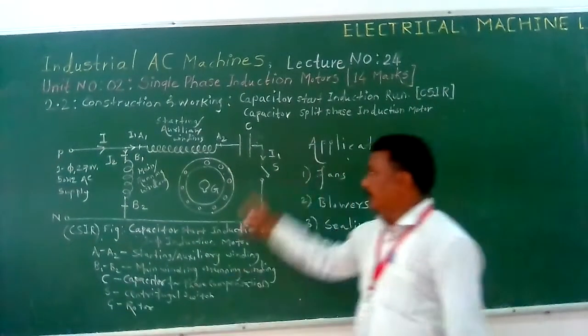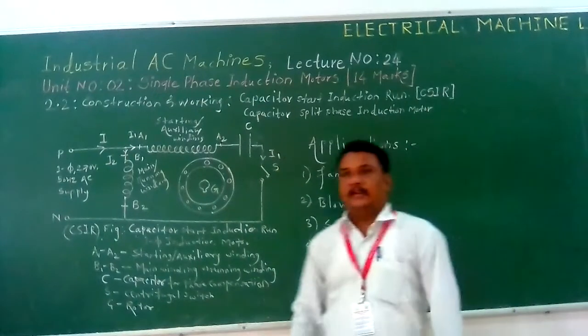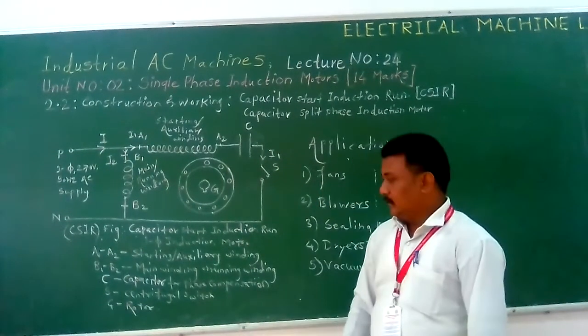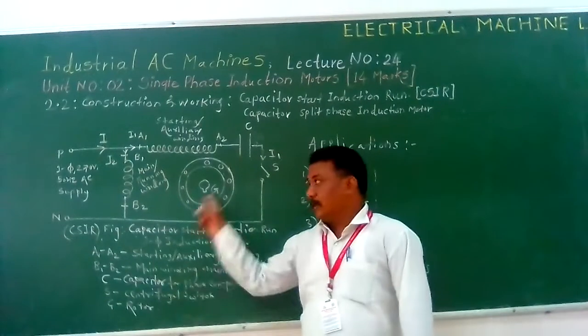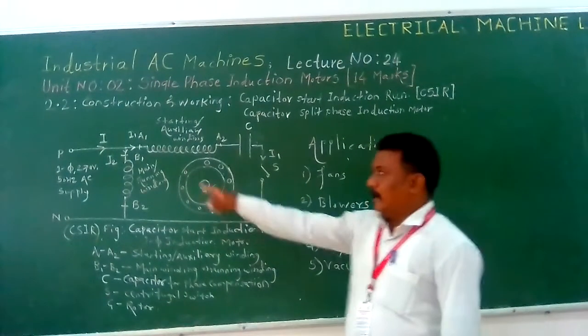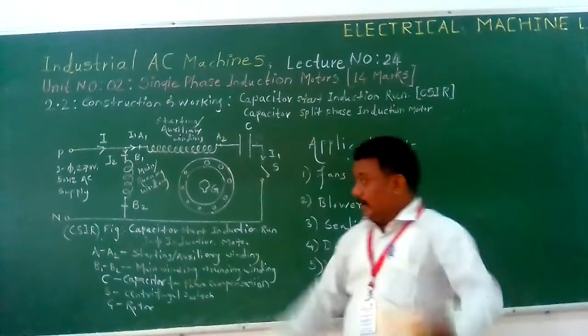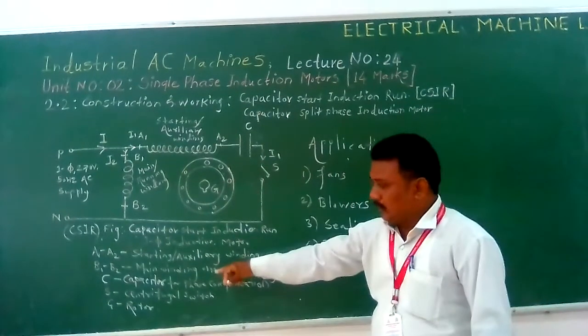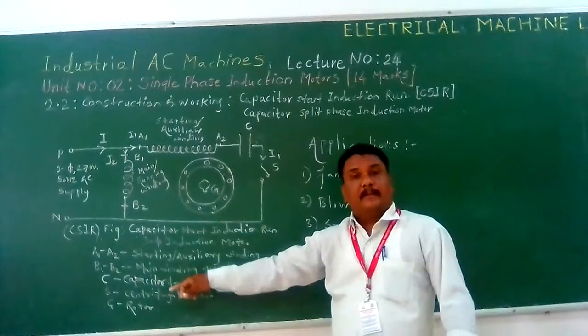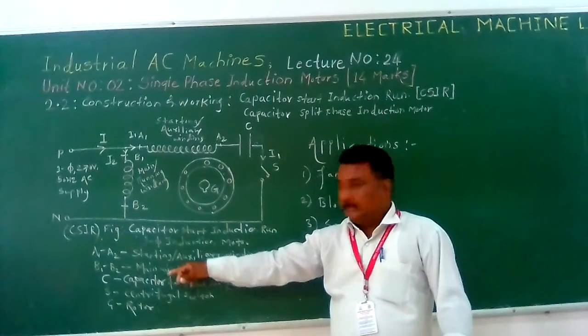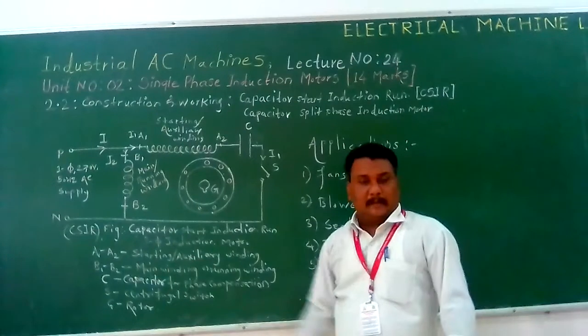S is a centrifugal switch which is initially at a closed position. G is a rotor. I is the total motor current. Now this is the total construction of the single phase capacitor start, induction run, induction motor.